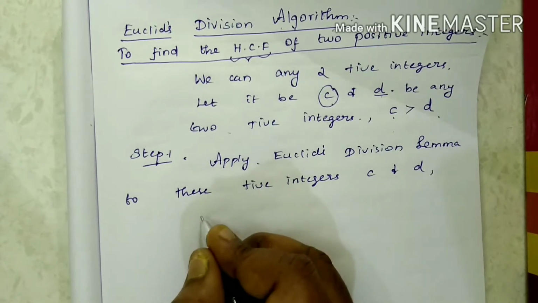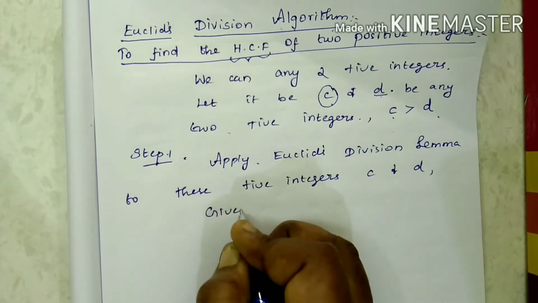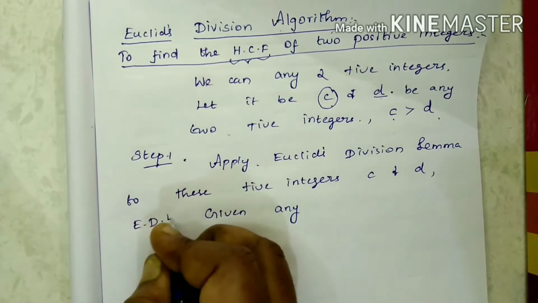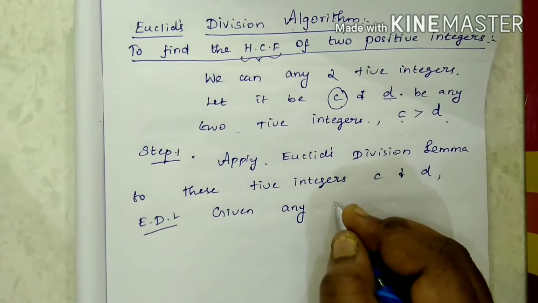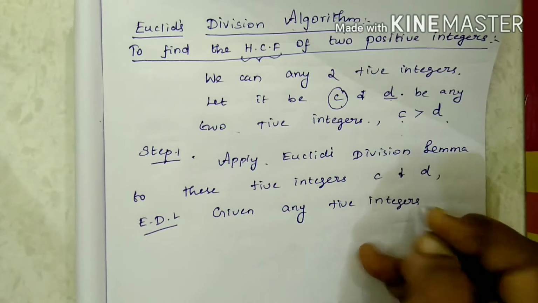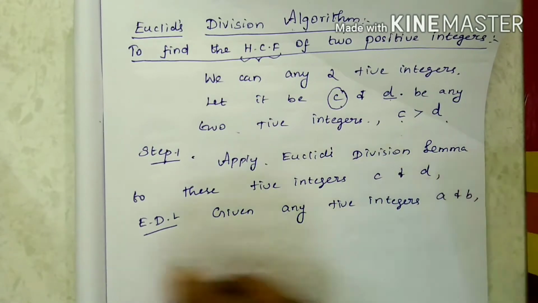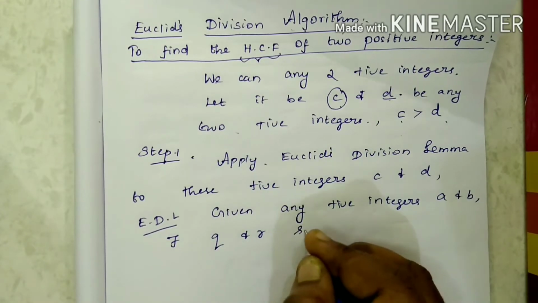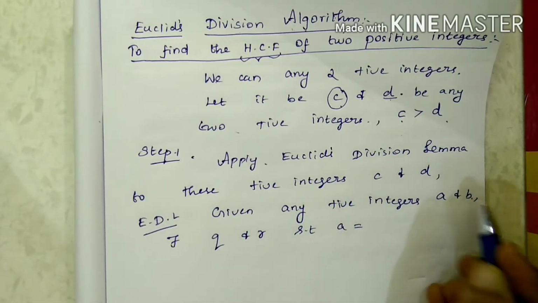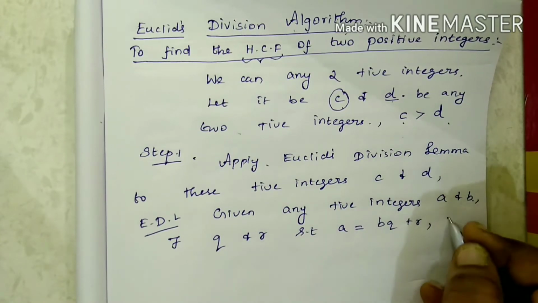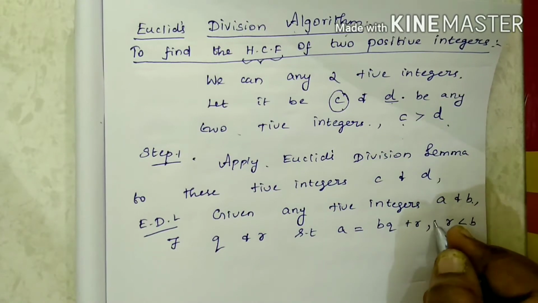Given any positive integers A and B, there exist unique integers Q and R such that A can be written as B into Q plus R, where R should be less than B and greater than or equal to 0.